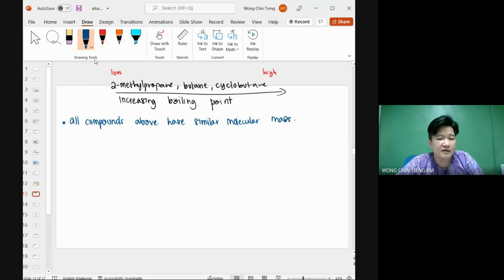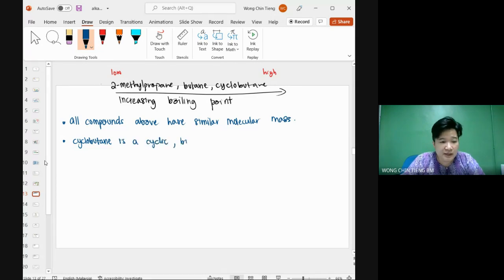Bagi tahu dulu. Disebabkan molecular mass dia lebih kurang sama, kita boleh bincang molecular shape. Okay? Because of the similar molecular mass, that's why we can discuss the shape. So bagi tahulah cyclobutane. Bagi tahu macam tadi. Tadi kita bagi tahu bilangan karbon. Yang ni kita bagi tahu bentuk lah. Cyclobutane is a cyclic.